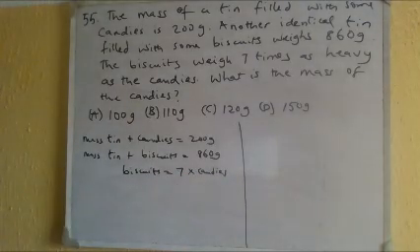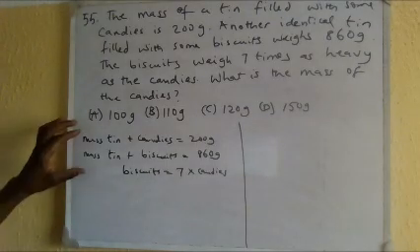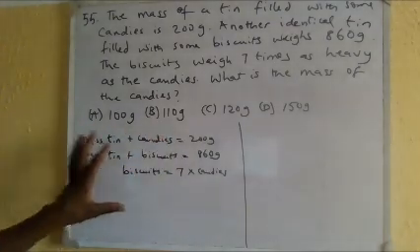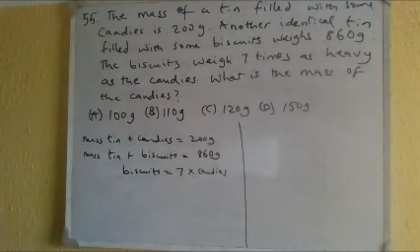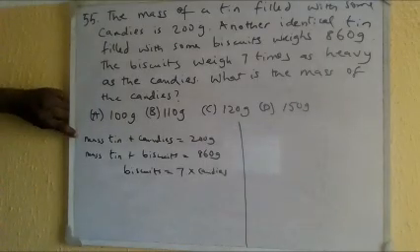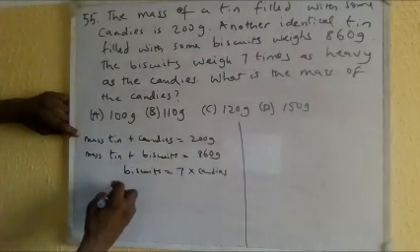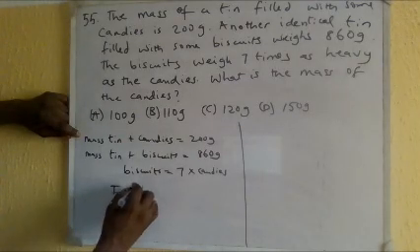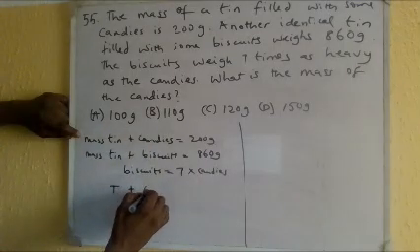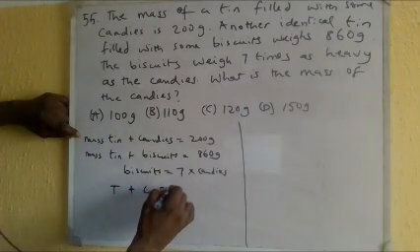Now this is a word problem. So I'm going to represent all these things I'm saying in alphabet with algebra. And just follow me closely. So if the mass of the tin is T, plus mass of the candy is C, both of them will give me 200 for the first one.